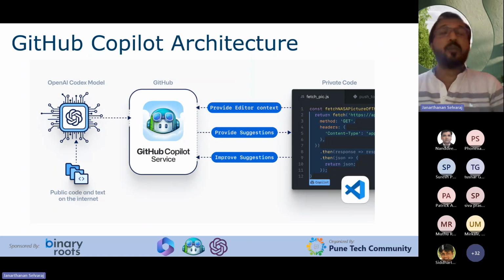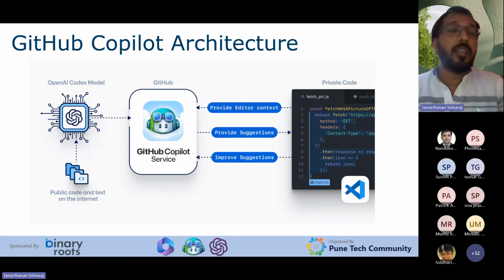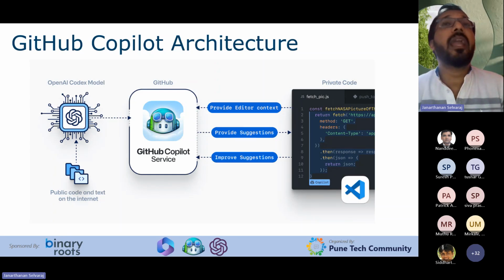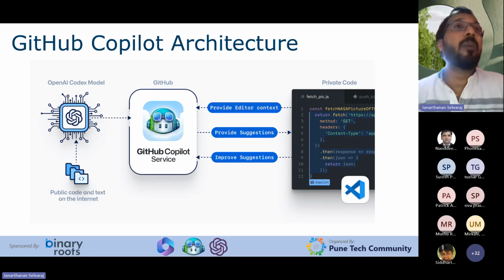So this is the GitHub Copilot architecture. If you notice the architecture, GitHub Copilot behaves as a service. How this GitHub Copilot is implemented as a service, we will see in a live example. GitHub Copilot is developed by GitHub Corporation, and it is powered by the OpenAI Codex model.